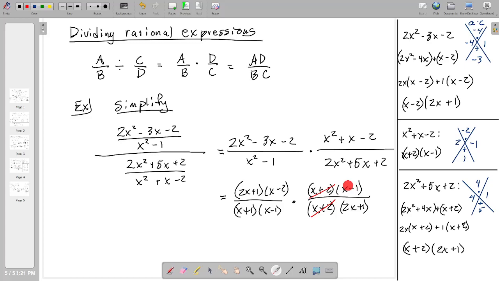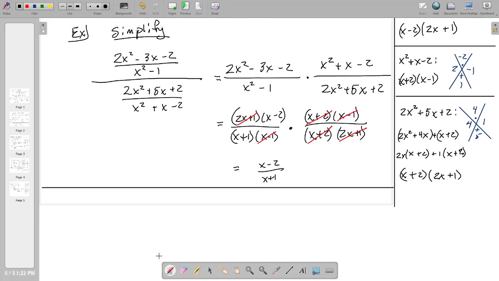We have an x minus 1 here and an x minus 1 here, so these two will cancel as well. And we have a 2x plus 1 here and a 2x plus 1 here, so these also cancel. And we are left with x minus 2 divided by x plus 1.